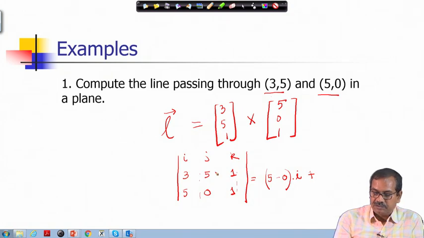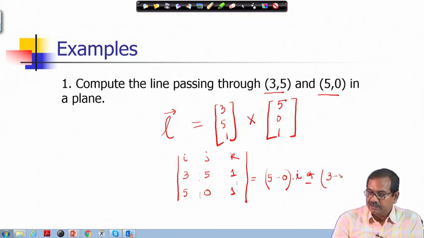Then you suppress this and take the determinant, and you take the negative of that, so it is minus (3 minus 5) j.